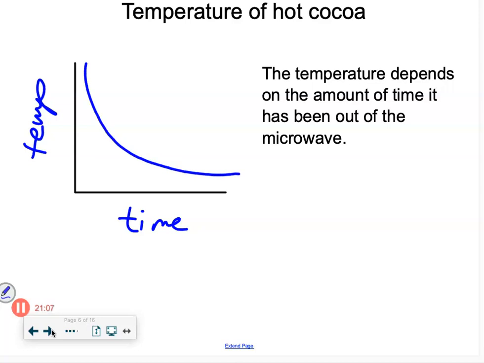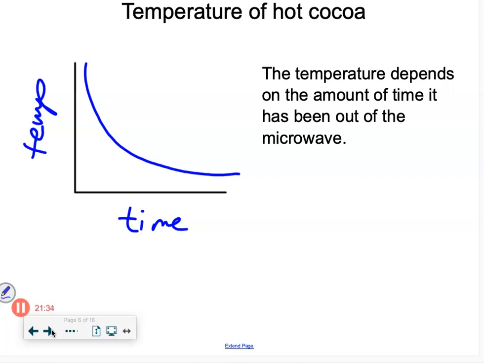The most dramatic temperature change happens from the moment you take it out of the microwave. You set it down and it immediately starts trying to hit room temperature. So it's going to drop the most dramatically during the first few minutes. Then as it gets closer to room temperature, it decreases at a slower and slower rate.